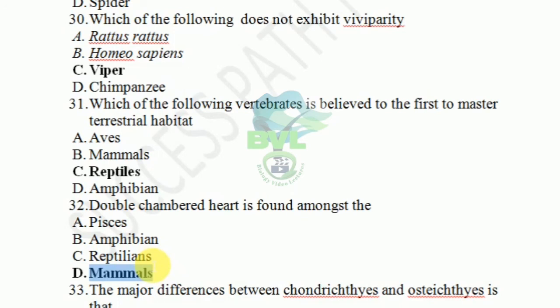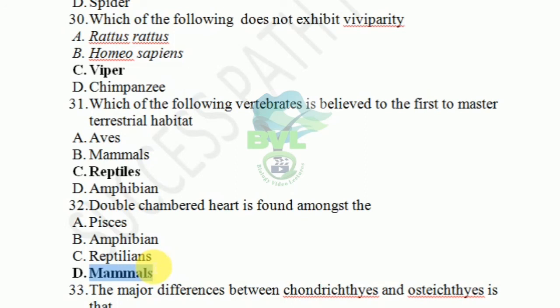But in mammals, and apes is not mentioned here, according to this option, they have a double chamber because their right and left are distinctly separated. So two auricles, two ventricles. On the left, one auricle up, one ventricle down.